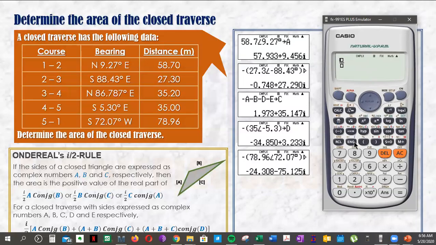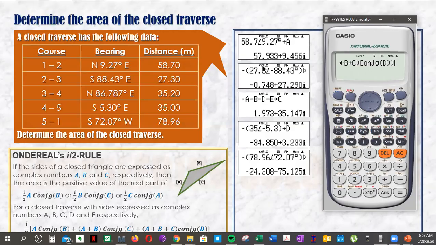Ito, I over 2 times A conjugate shift 2 then 2 conjugate of B, then plus quantity naman A plus B conjugate shift to C, plus quantity, include mo na yung C1 A plus B plus C, quantity conjugate ito, conjugate of D.